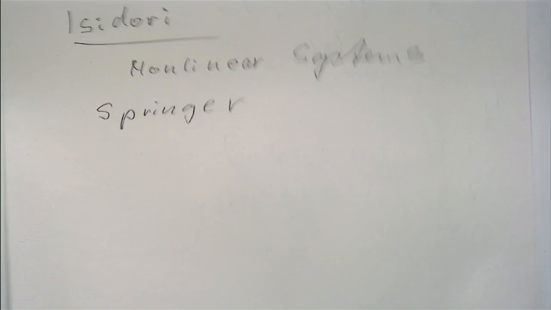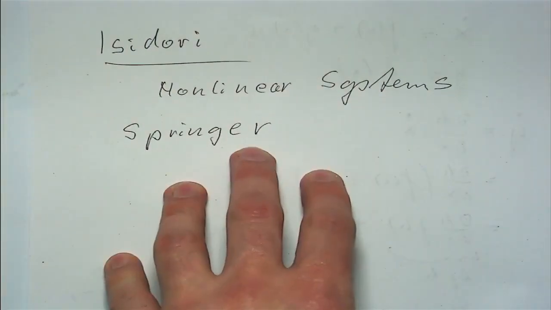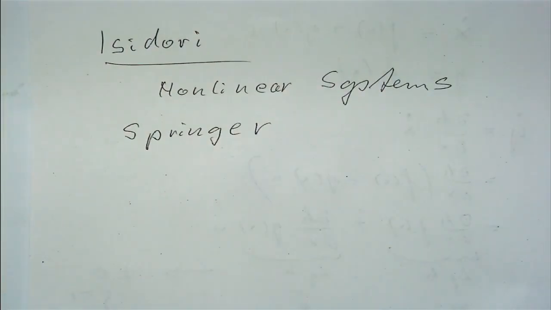Isidori's book came out about the same time, but it's a harder read, it's not easy to read. Khalil I read during my PhD almost from front to end, while Isidori's book I use more as a reference book.